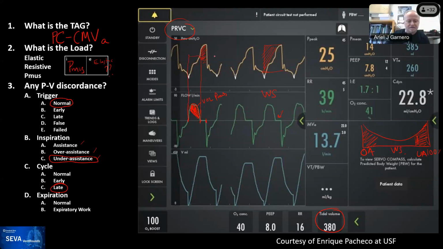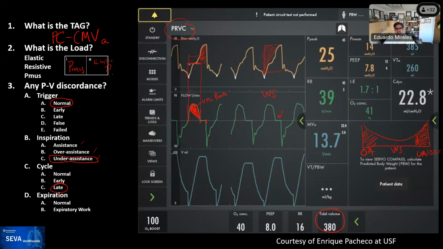Yeah, and actually this is a common item that you will see. We have some graphs that demonstrate that when there is a lot of activity of the patient, like in this case, a lot of work, actually the inspiratory pressure that the ventilator is doing is this little shelf that you see over here. And the rest is the relaxation of the respiratory muscles or the active expiratory muscles.